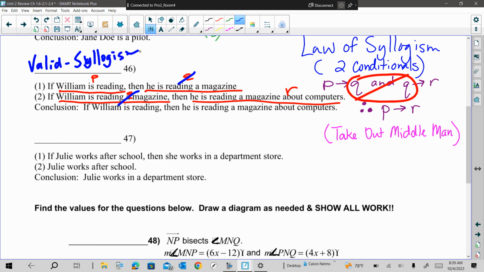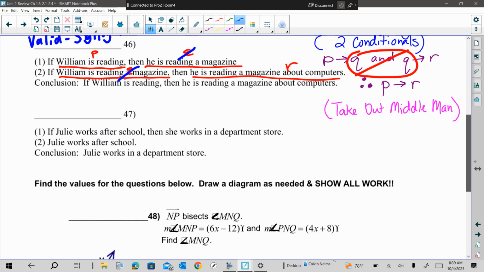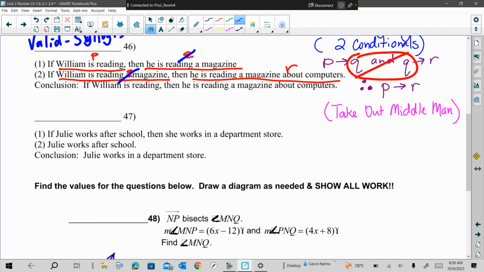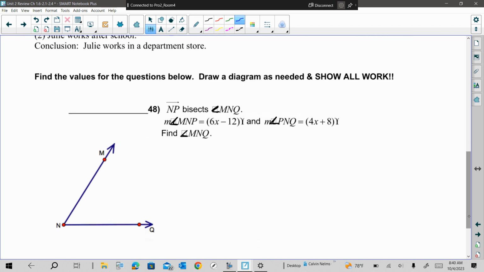Okay. And then the last part, we're still going to ask you to problem solve with angles. So the last section, 48 through I think it's 51, is making sure you know your angle pairs and understanding what bisect means. Okay. So you make sure we can still write an equation and we can solve for x and plug it in.